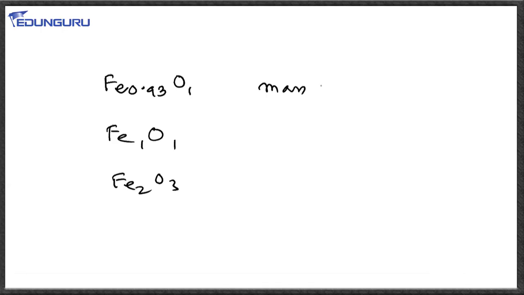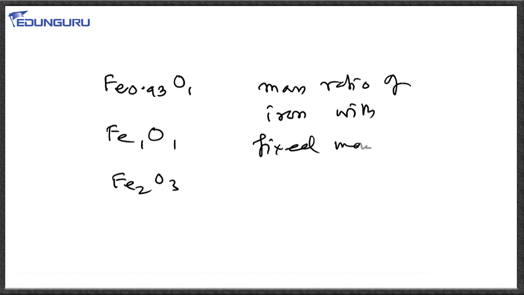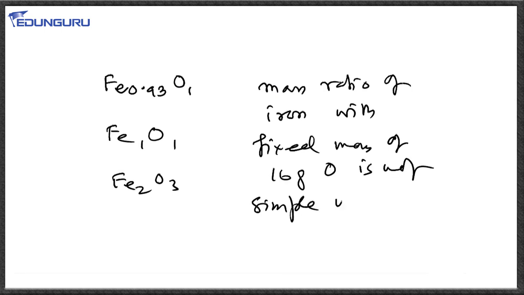If we calculate with a fixed mass of oxygen, you will find that the mass ratio of iron with a fixed mass of 16 gram oxygen is not a simple whole number ratio. You can easily check it out.